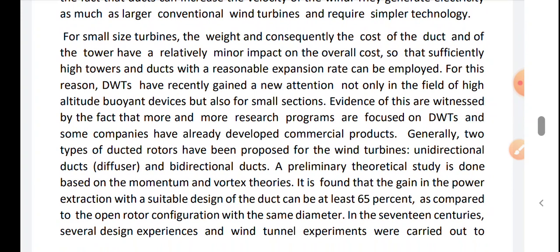Basically there are two types of ducted rotors for the wind turbines. One is known as diffuser or unidirectional duct, and the second one is bidirectional duct, in which the duct has flow in both directions.